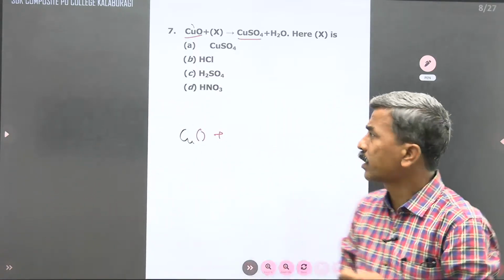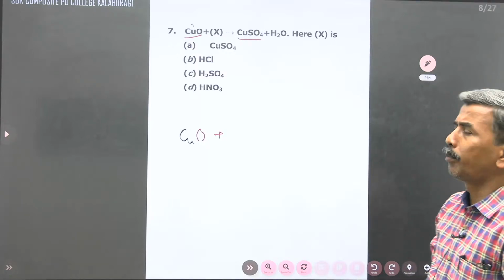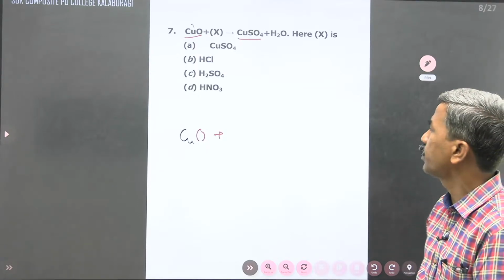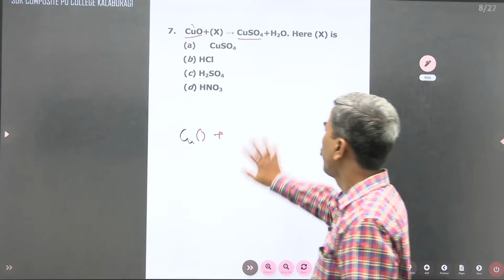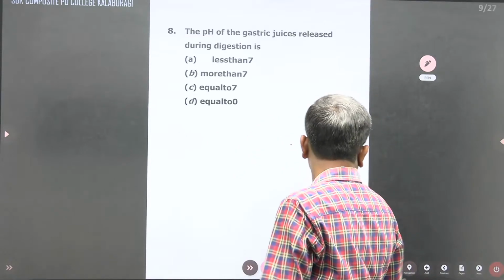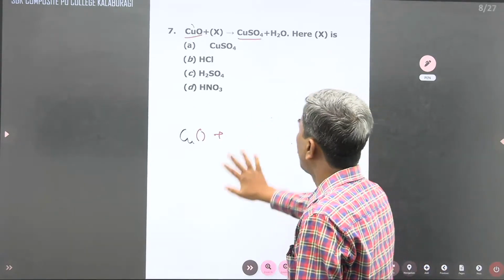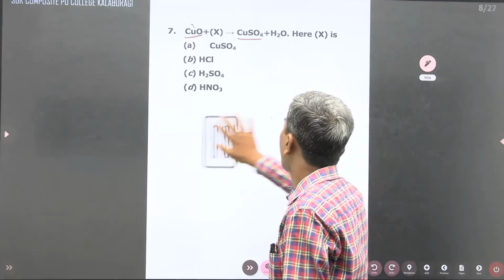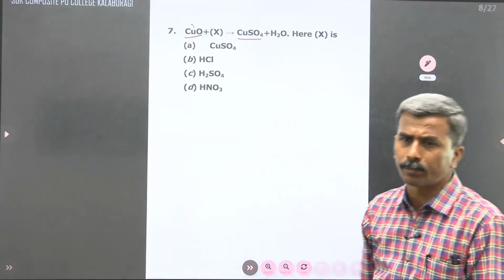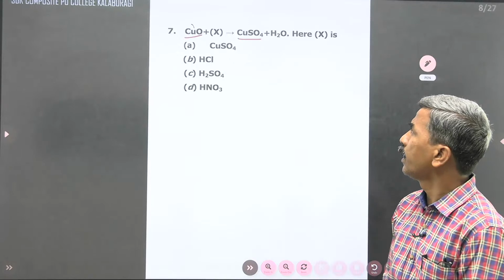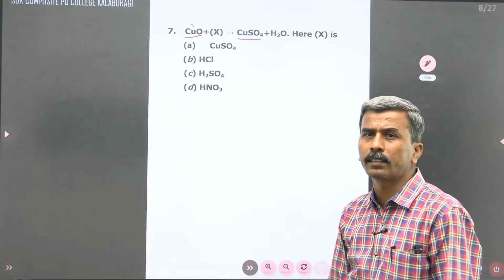Yesterday, when we discussed the reactions of acids, I gave information on how the oxides of metals react with acids and bases.